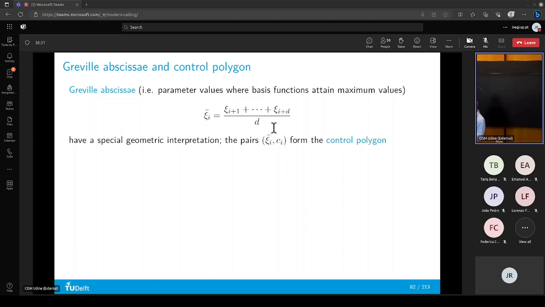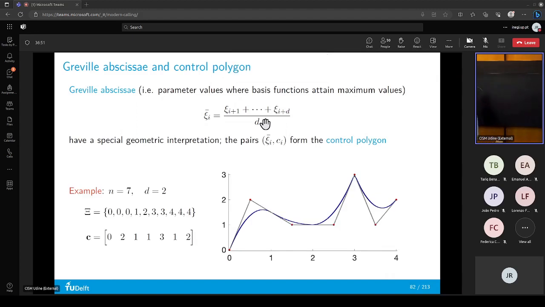For linear ones, it would just be the one itself. For quadratic ones, psi I plus 1 and I plus 2, we are averaging over 2 and so on and so forth. And they have a very special geometric interpretation because you call this the control polygon.